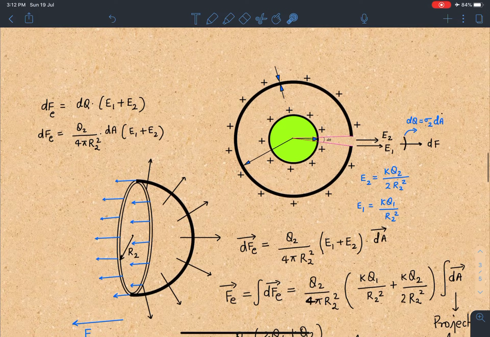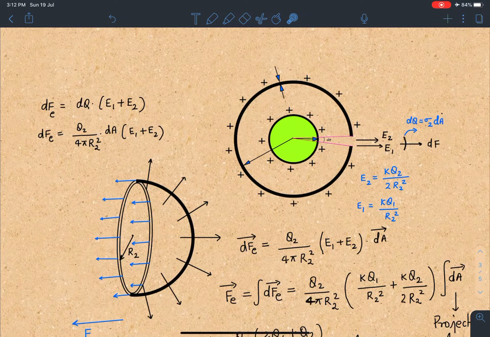Here you can see I have taken a very small element of area dA. It's part of this sphere, and it is going to have a charge of sigma times dA, where dA is this area which is subtending a very small angle at the center. Now this small element, which has charge dq, is going to experience force from the inner shell as well as the outer shell, and this force is going to push this charge in the outward direction.